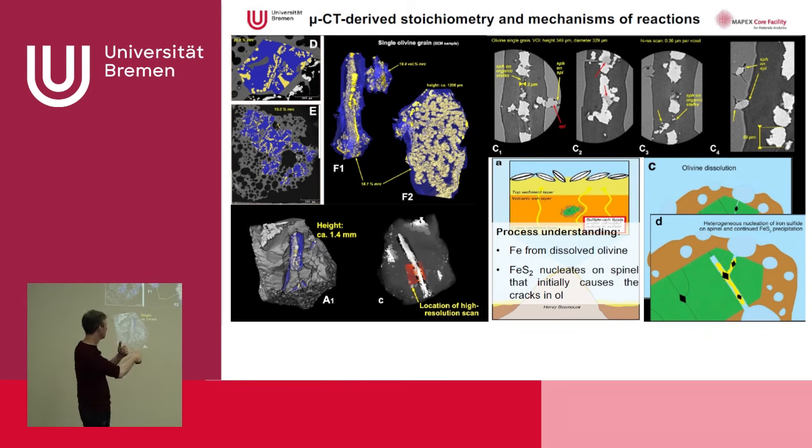So I have the volume of the olivine, and then I know how much iron it contains. I make a calculation, how many moles does this volume of dissolved olivine contain. And then I calculate if this amount of iron gets into the precipitation of iron sulfide, how much volume would that take? And so I can make a comparison.